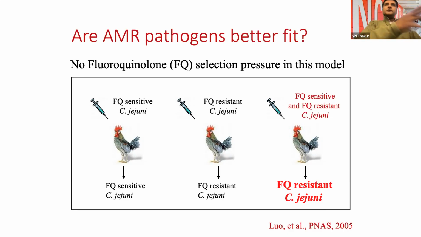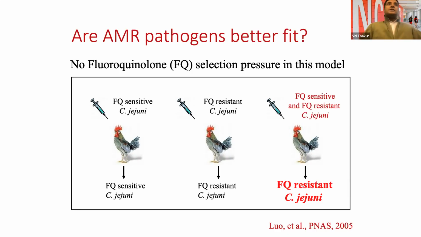You take a bunch of chickens and expose them to Campylobacter that is not resistant to fluoroquinolones. Next day, you sample the fecal matter, and you find Campylobacter that is not resistant to fluoroquinolones. Next group of chickens, you give Campylobacter that's resistant to fluoroquinolones, and 24 hours later, lo and behold, you find resistant Campylobacter jejuni in the fecal sample.